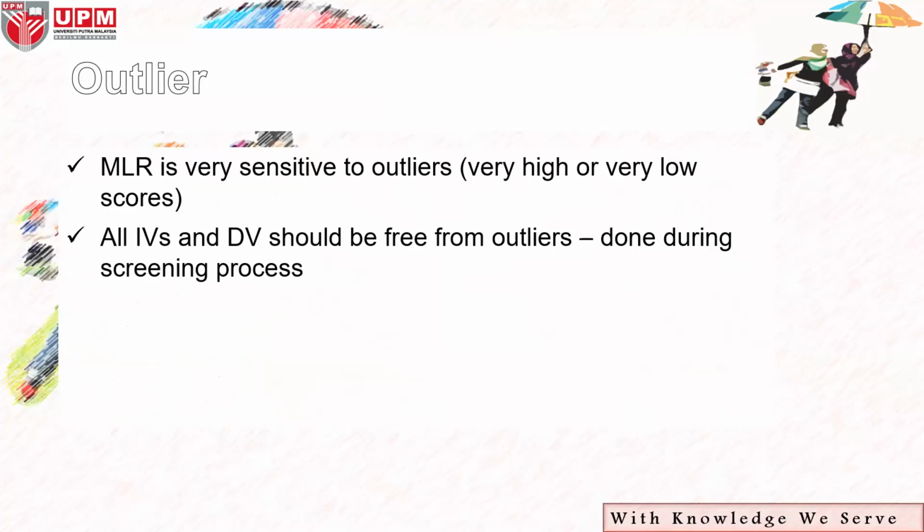Both data for our IVs and DV must be free from outliers, in which we need to identify or delete the outliers during our screening process. During the screening process, meaning during our EDA, exploratory data analysis process, which we have learned before, but the other day I did not touch the outliers part yet.